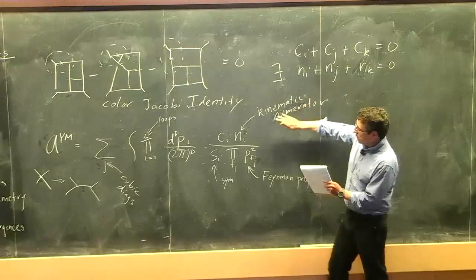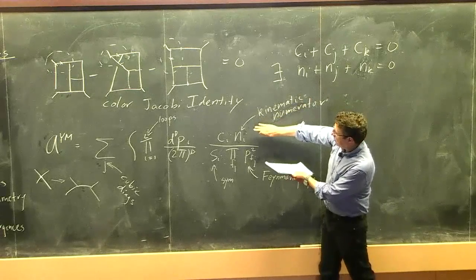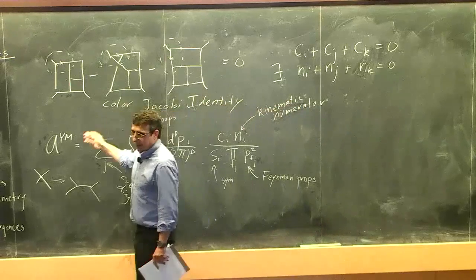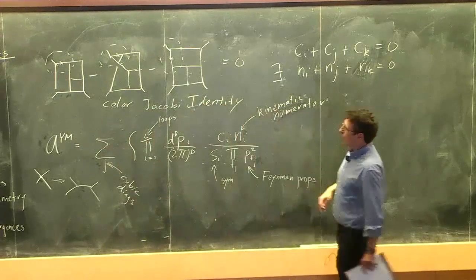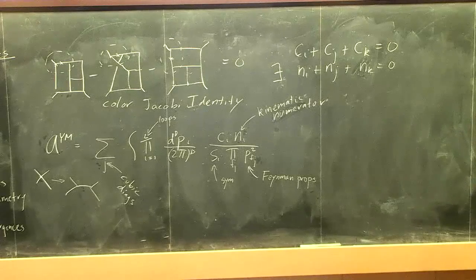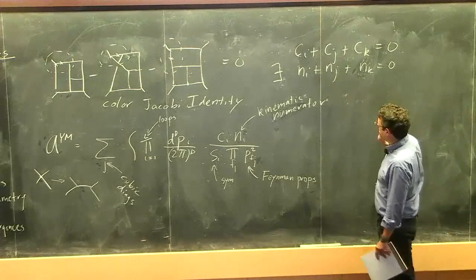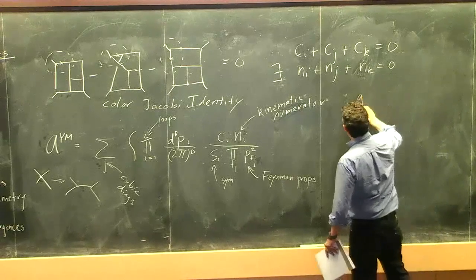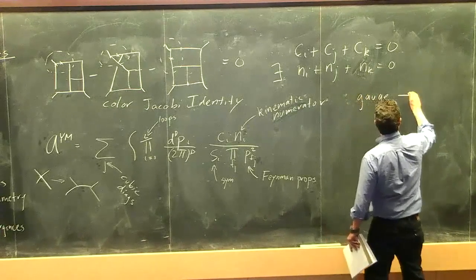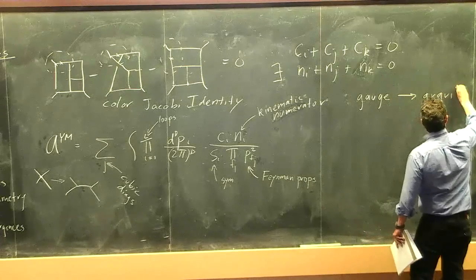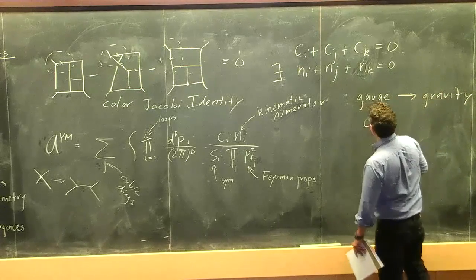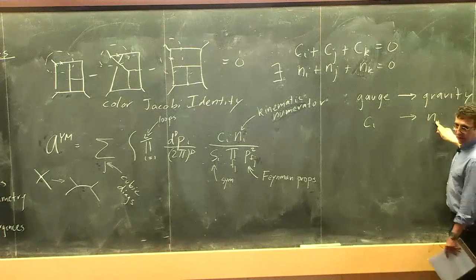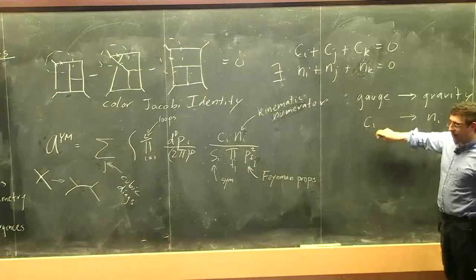Once you've done this, so let's suppose that you're able to make this rearrangement in some case, let's say like 3-loop N=4 super Yang-Mills, or 4 loops, or other cases. Then the claim is that if we want the corresponding gravity, so if we go between gauge theory and we want to go to gravity, all we do is we take the color factor and we replace it with a numerator factor, where these numerator factors obey the same algebra as that.